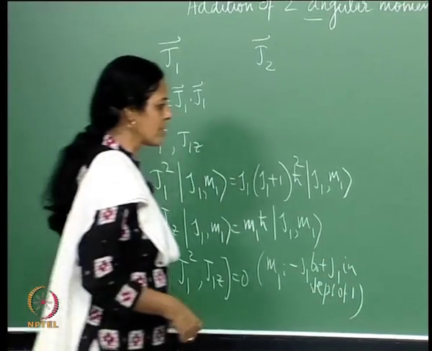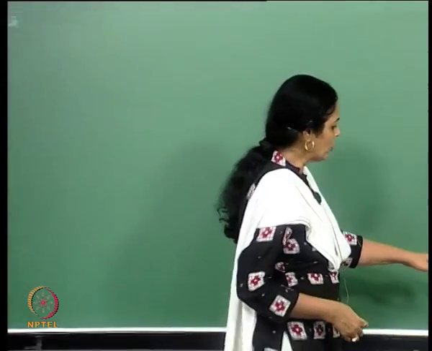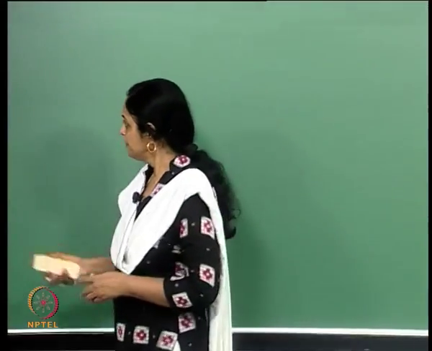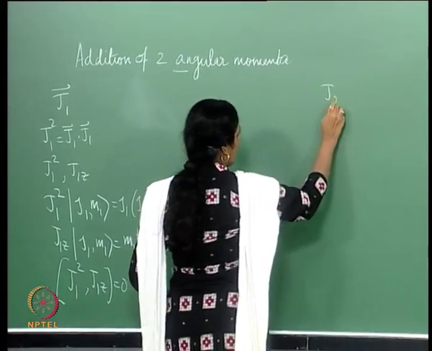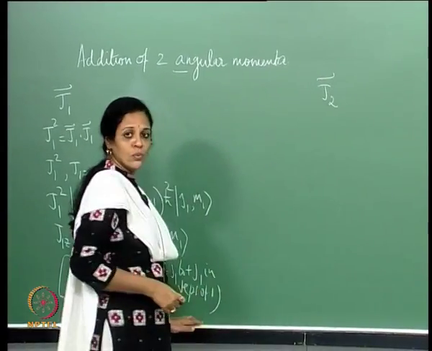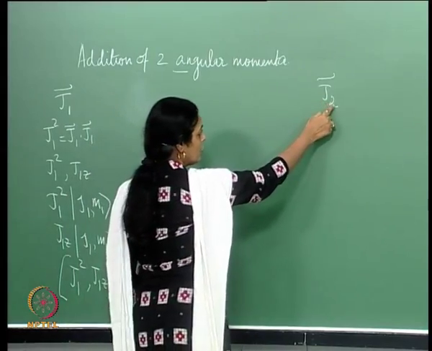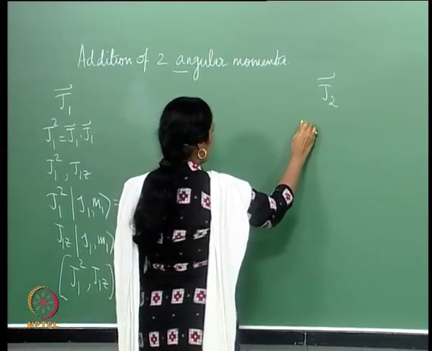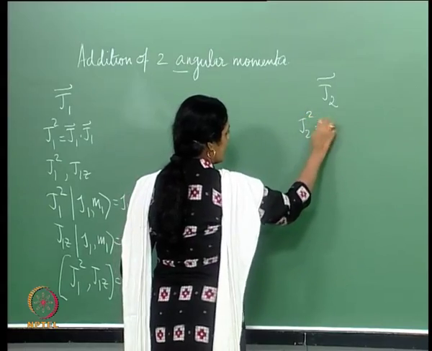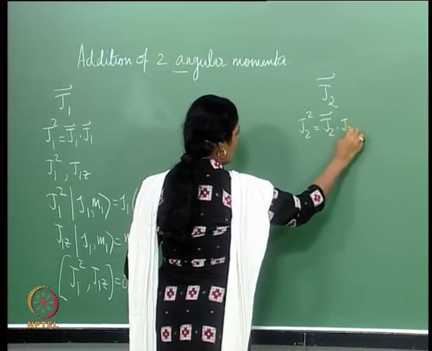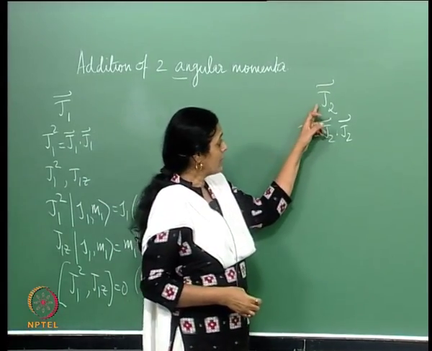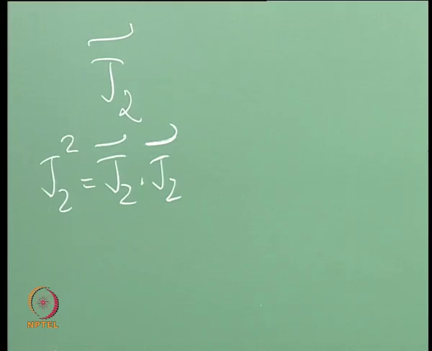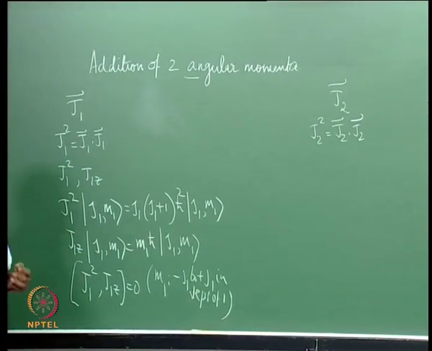Similarly, I have the second system, and here my notation is going to be the following. I have J2, the 2 stands for the second system, and J2 squared is J2 dot J2. We have already seen that J2 as also J1 are vectors under rotations.